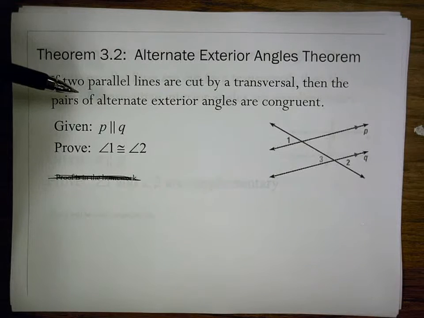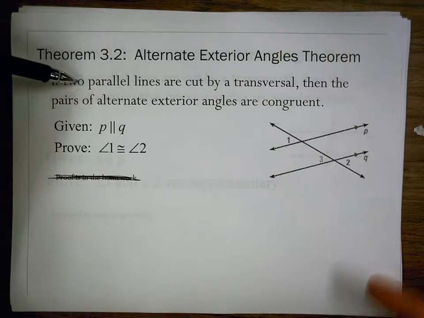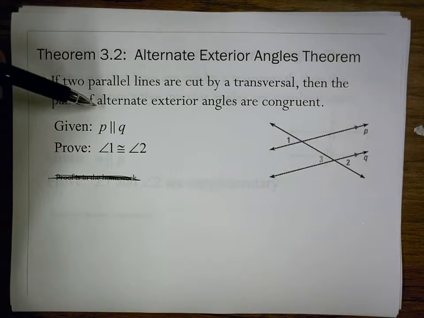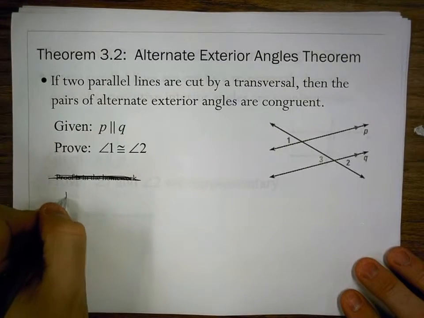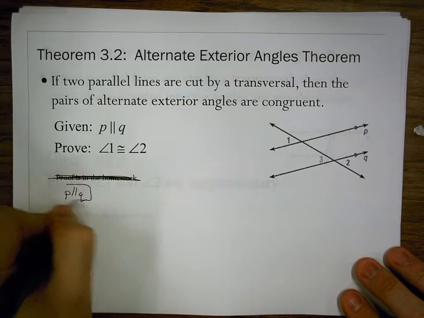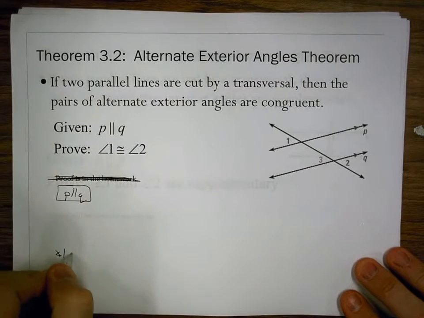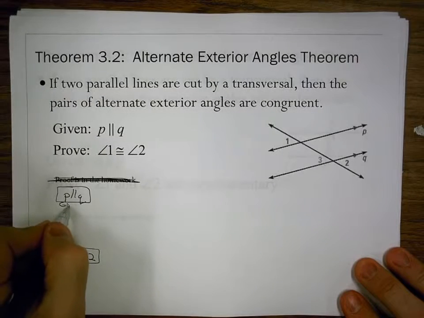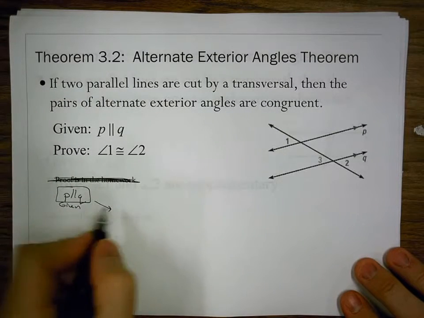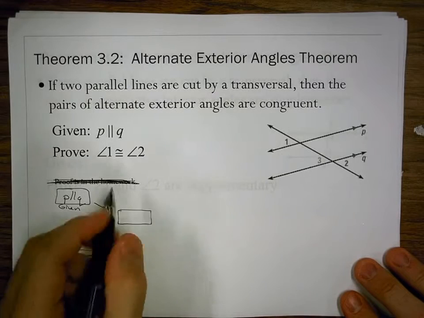Now, they're different because they're outside the two parallel lines, but cut by a transversal, our alternate exterior angles are congruent as well. That proof for this one follows the same order as our last one. We start with our given, then from there we have corresponding angles.